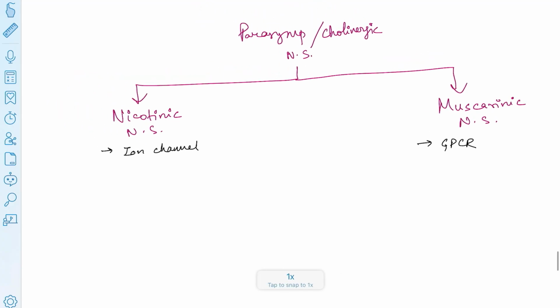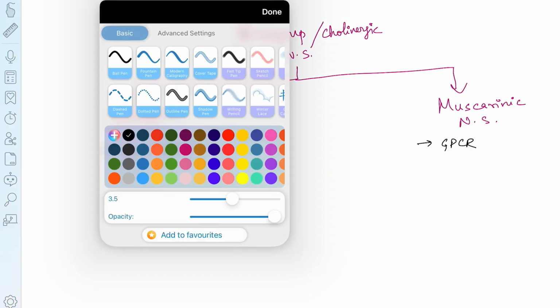For the time being, just keep in mind that the nicotinic receptors are ion channels, pentameric in structure, whereas the muscarinic receptors are GPCR in nature. There are different types of muscarinic receptors present as well, based on the location and on their type of GPCR activity. First of all, we'll be talking about nicotinic receptors.